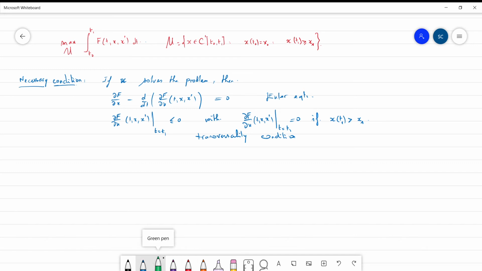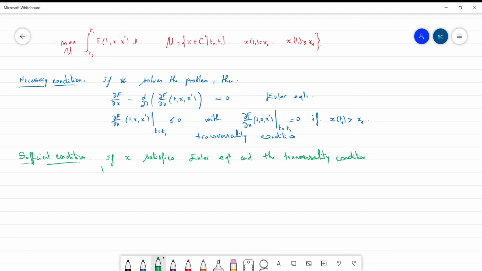Now we have a sufficient condition that says that if x satisfies the Euler equation and the transversality conditions, and if f is concave in (x, u), then x solves the problem.